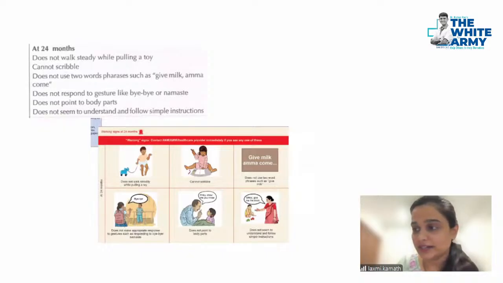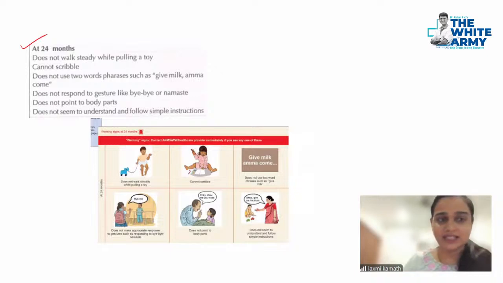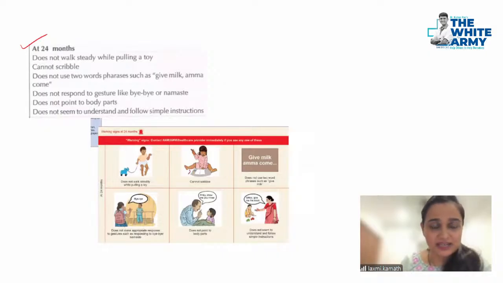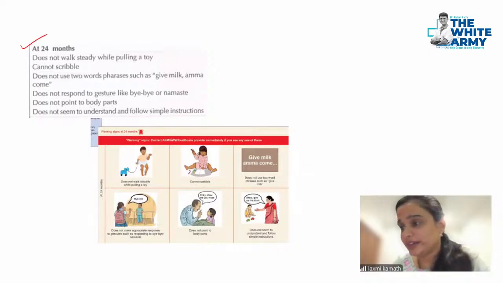So the next red flag sign is at 24 months. Red flag means these signs will help in early pickup and early treatment, because of which we can take advantage of neuroplasticity and give maximum benefit to the child. At 24 months, if the child is not able to walk steady while pulling a toy.